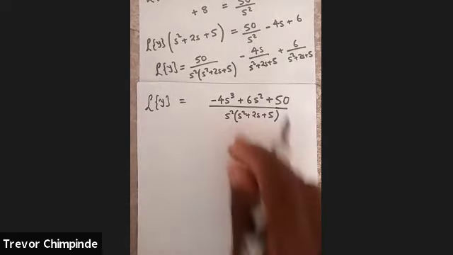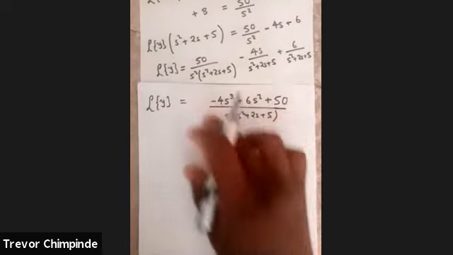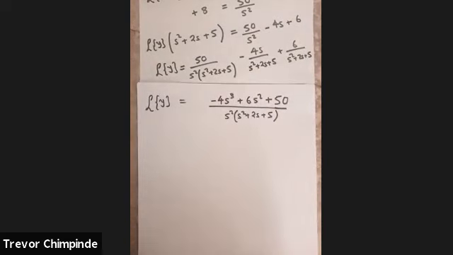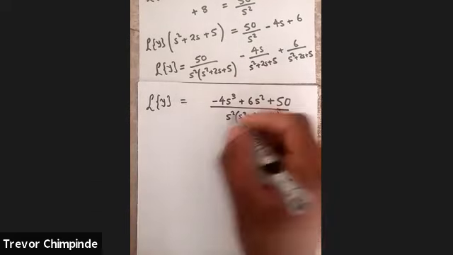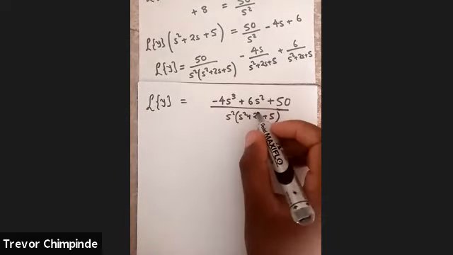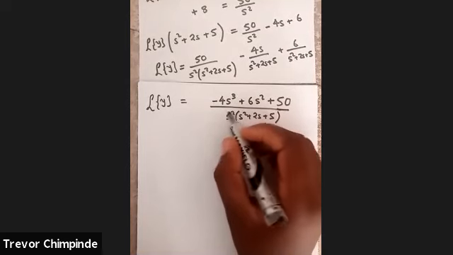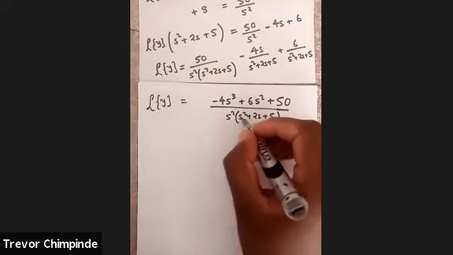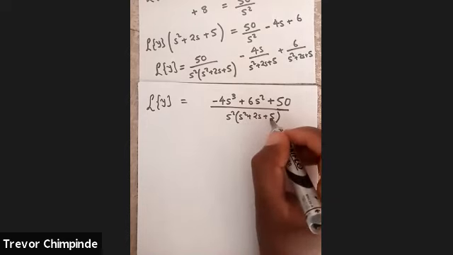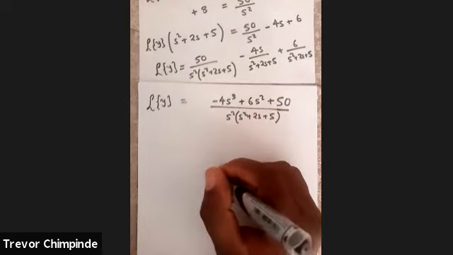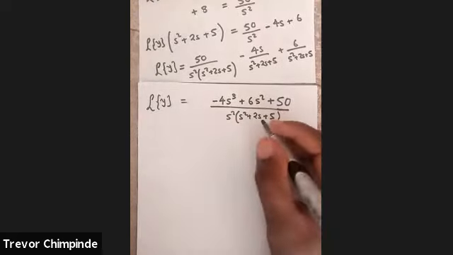There are no comments, then you know straight away that we have to resolve these into partial fractions. So what are we going to have? This is our denominator. So we have this s squared, we know how it's going to become. Then this is a quadratic which we can't factorize because its discriminant is less than 0.